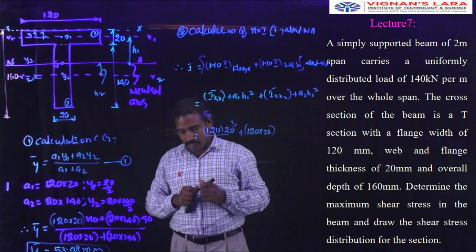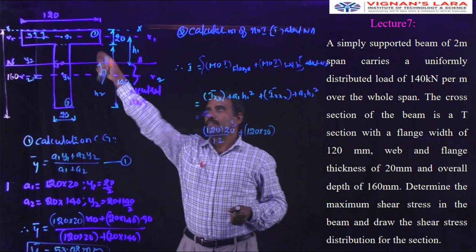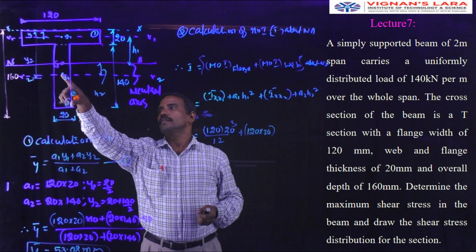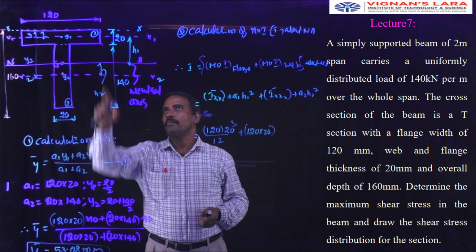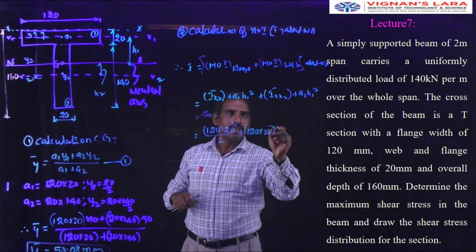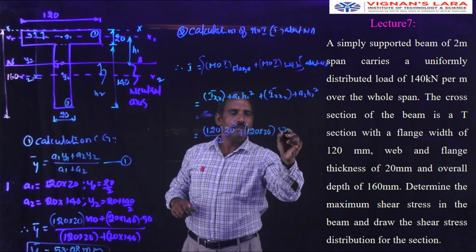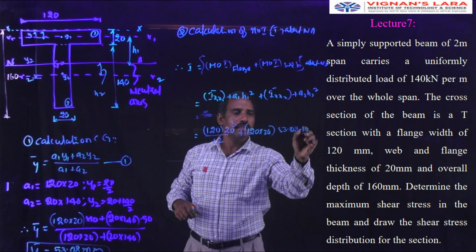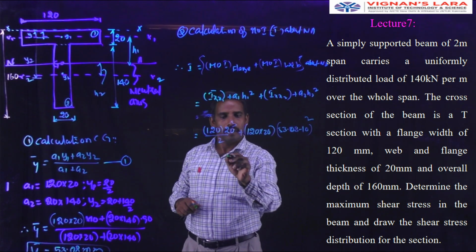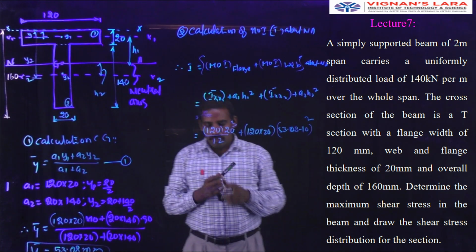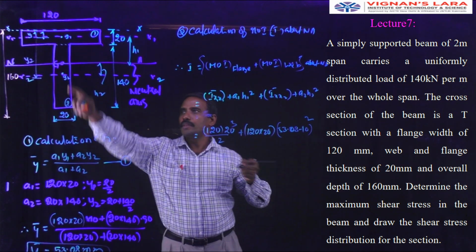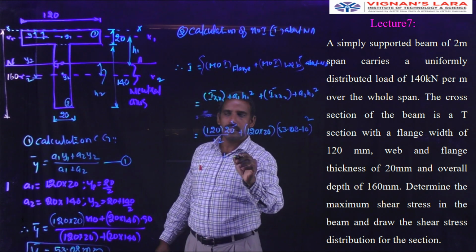What about H1? We know the central distance, that is 53.08 minus 10, whole squared, plus the moment of inertia of the web about the central axis.